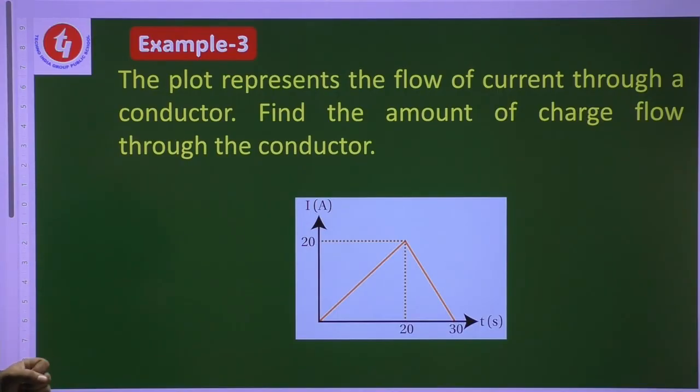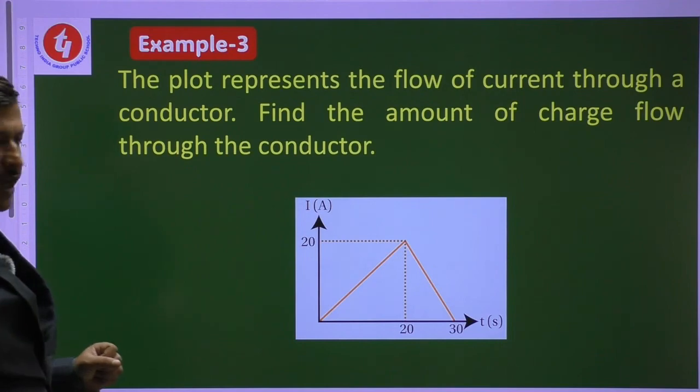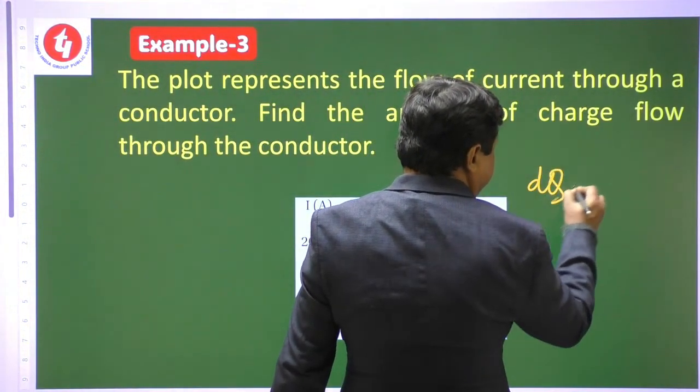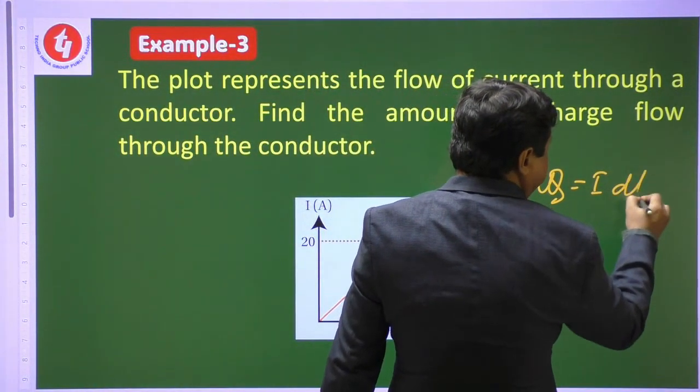In the previous question, I was given as a function of time, but here I is given graphically, right? An I versus time graph is given, and you have to find the amount of charge flow through the conductor, and you know that dq, the amount of charge flow through the conductor, is equal to I dt.